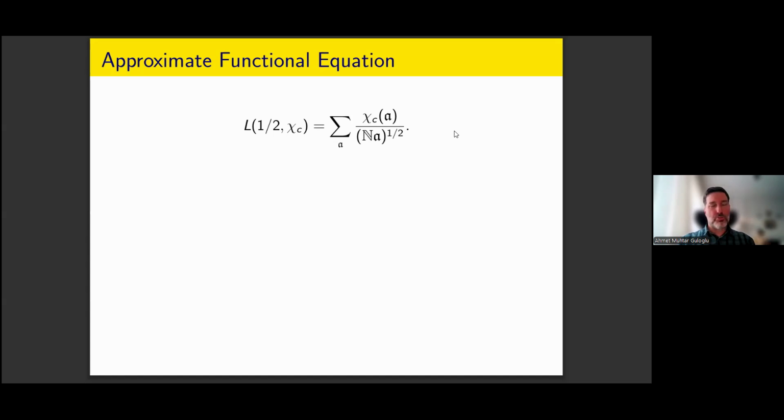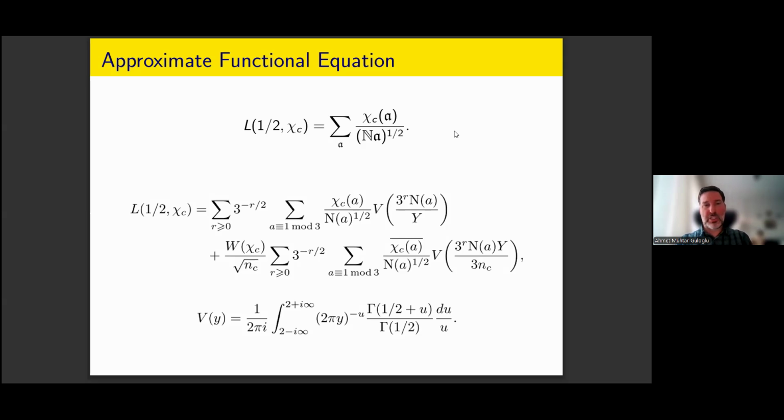What you do is you use what is called the approximate functional equation. So this is one example that I used, for example, in my research. These are cubic characters, and the value of the function at 1/2 is given as two infinite sums. These are infinite sums, but you have a smooth, very fast decaying function. So these are like finite sums.